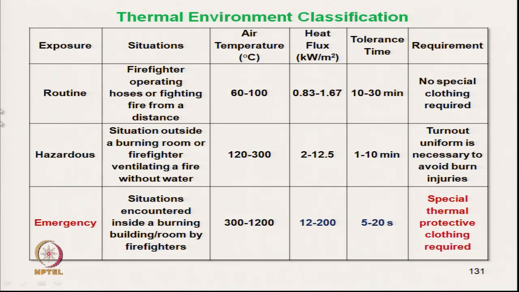But in case of an emergency situation, that is situations encountered inside a burning building, the air temperature ranges from 300 to 1200 degrees Celsius, the heat flux is from 12 to 200 and the tolerance time will be from 5 to 20 seconds.